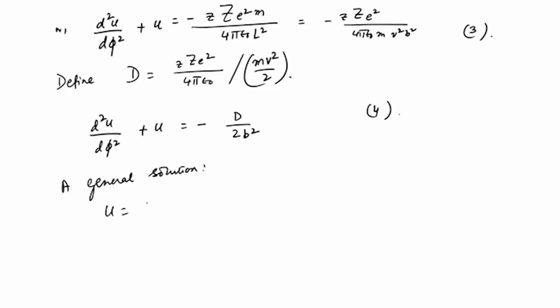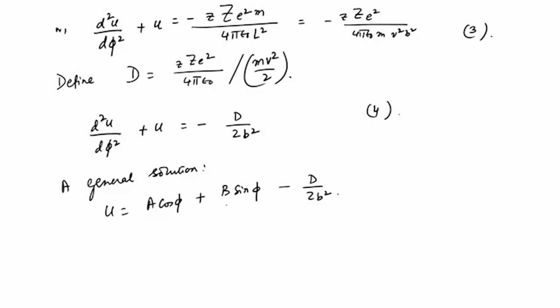So, a general solution for this is u equal to a cos phi plus b sin phi minus d over 2 b square, where we have used the trial solution as well as the specific solution. I mean the general solution is written as this for any phi.